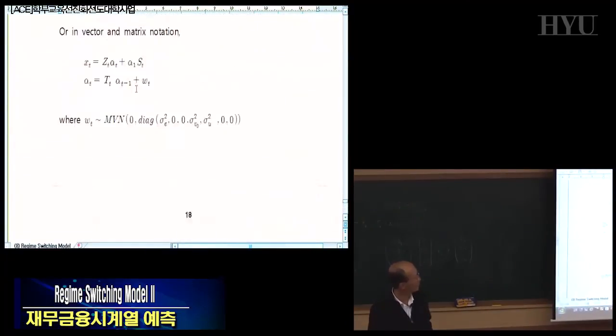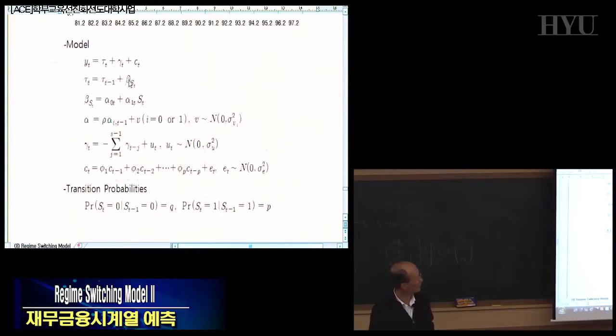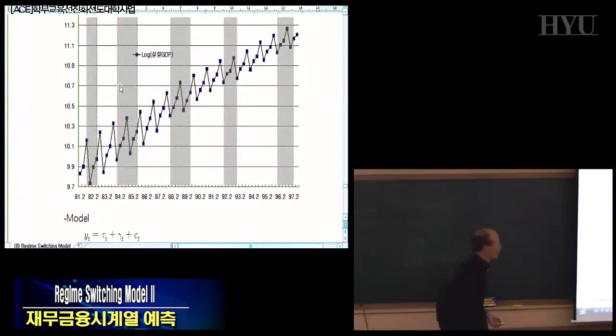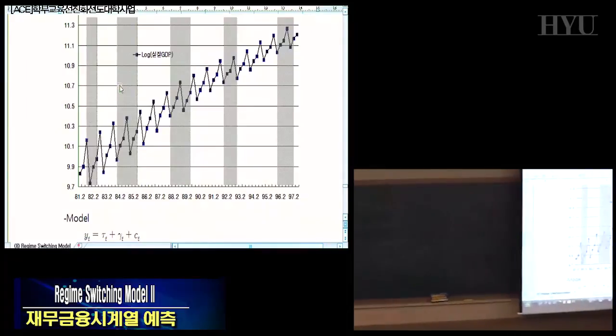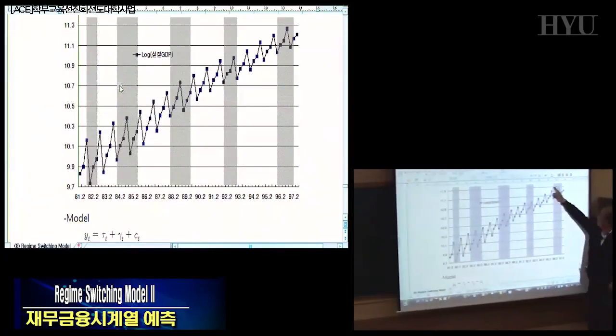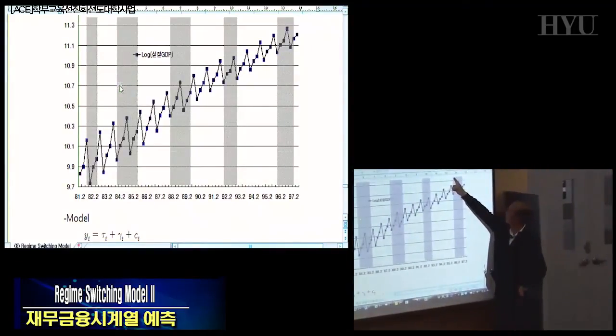Suppose you are here. This is the latest data, right? It shows that the recession started from here and ended right there. But when you're actually here, you don't see these shades.